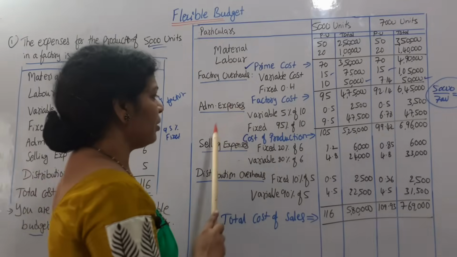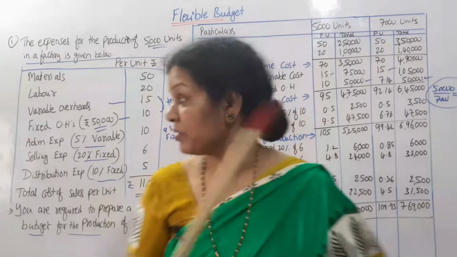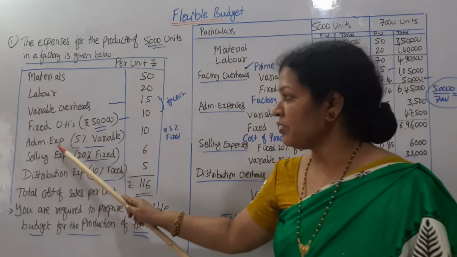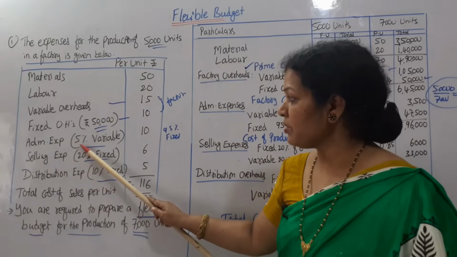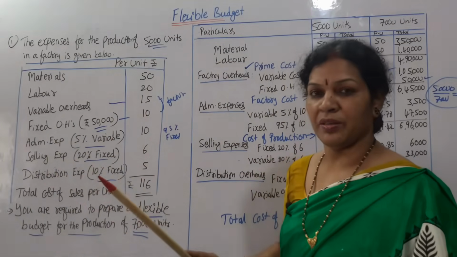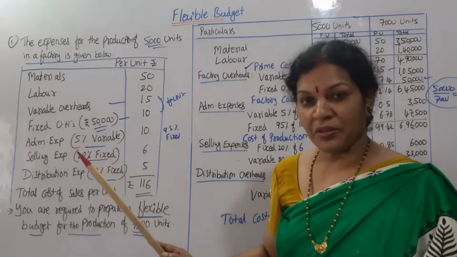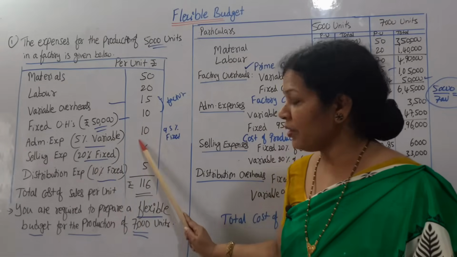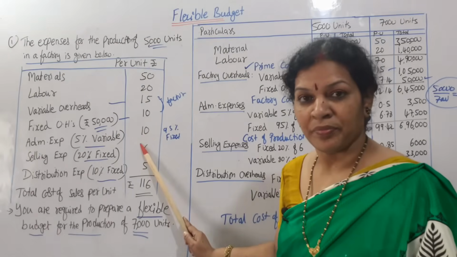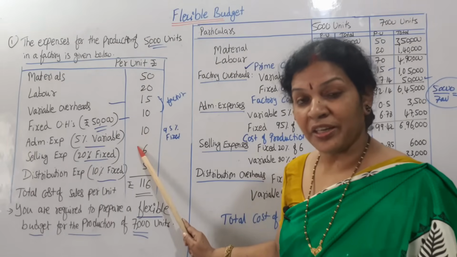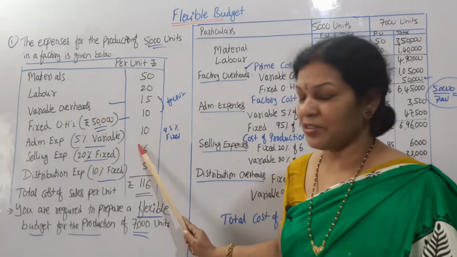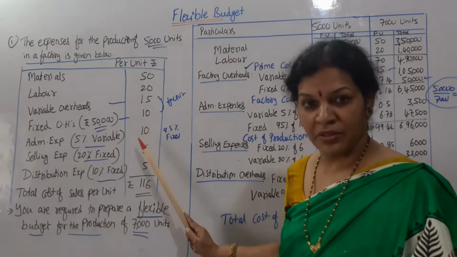To the factory cost, we add administrative expenses, which they have given. Administrative expenses are 5% variable, out of this 10 units, and 95% is fixed.